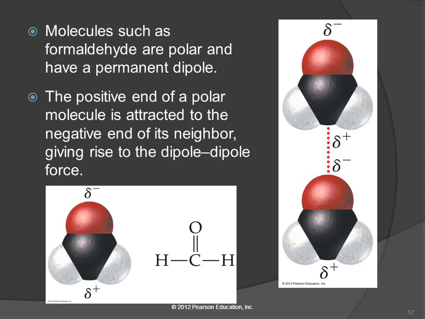They don't have the same electronegativities. Oxygen is much more electronegative than hydrogen, and so we're going to end up with a dipole here. This is a polar molecule. The oxygen end is always going to be slightly negative, and the hydrogen end is always going to be slightly positive. So it's a permanent dipole, not temporary like in helium.